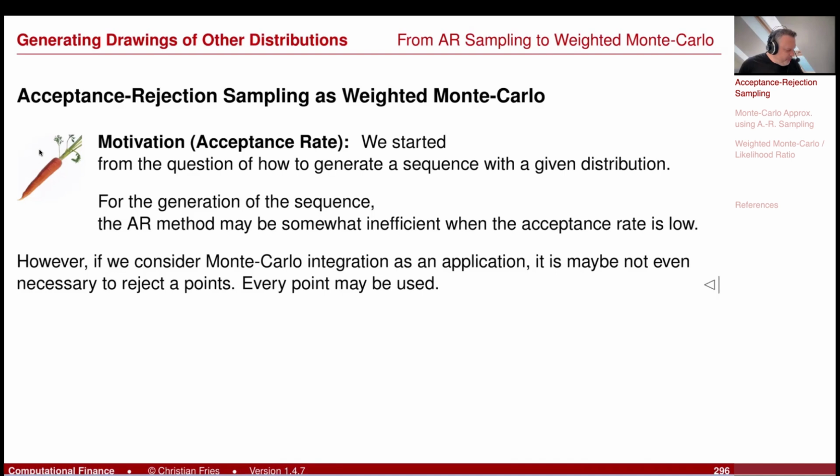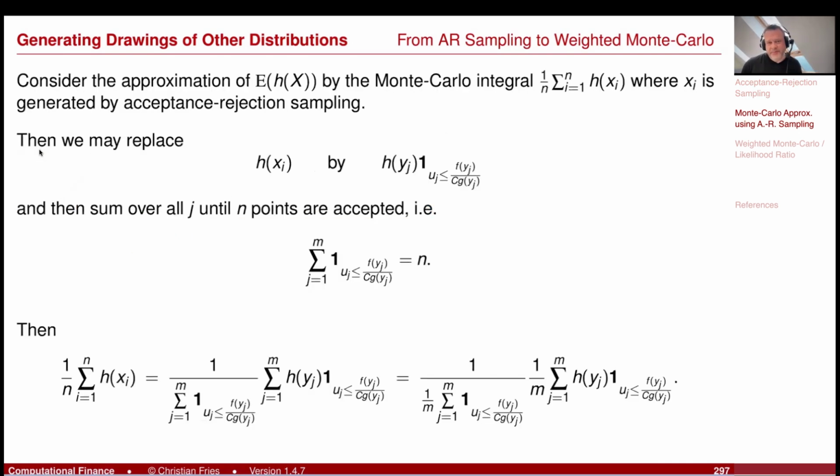We have the acceptance rejection method, and this method is a little bit inefficient when the acceptance rate is low, when we throw away a lot of points. But now consider the case when your application of this sequence is Monte-Carlo integration, and then we discover that maybe we do not need to throw away the points.